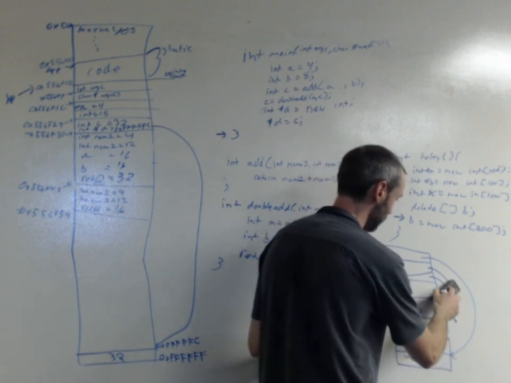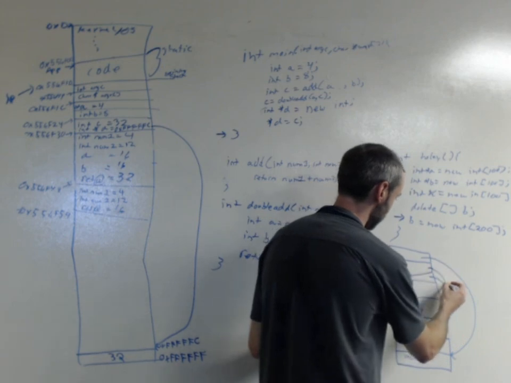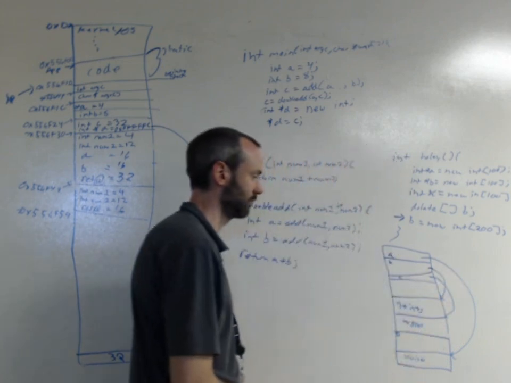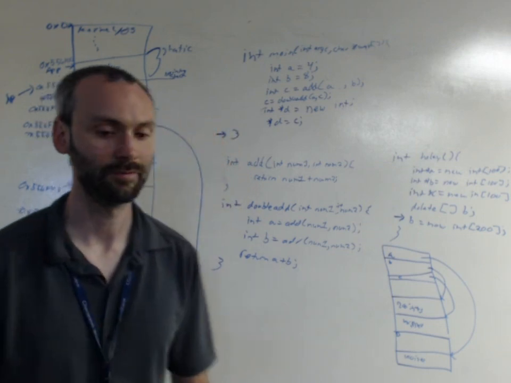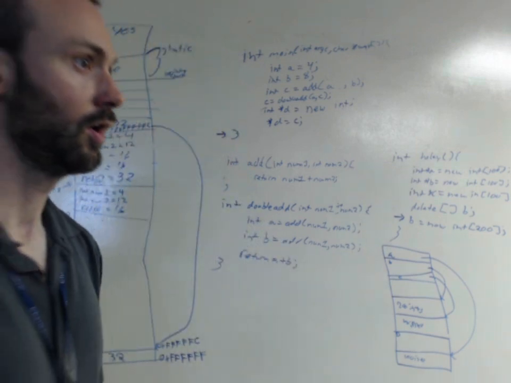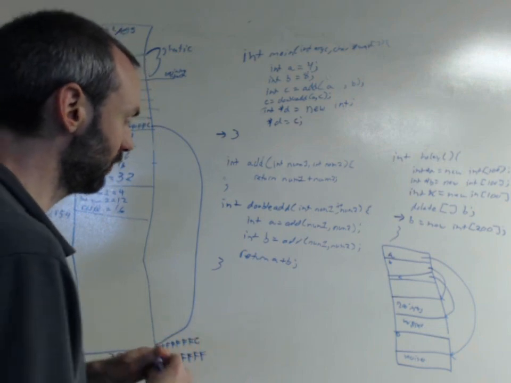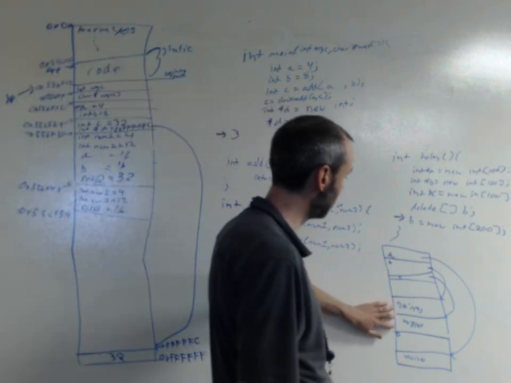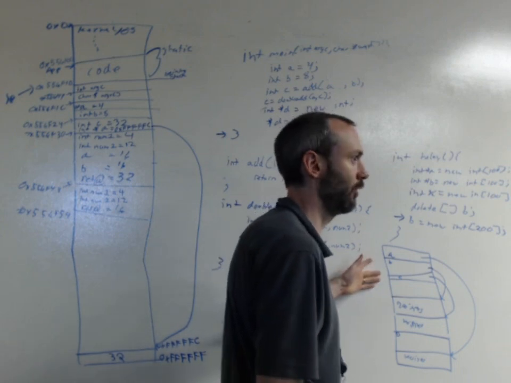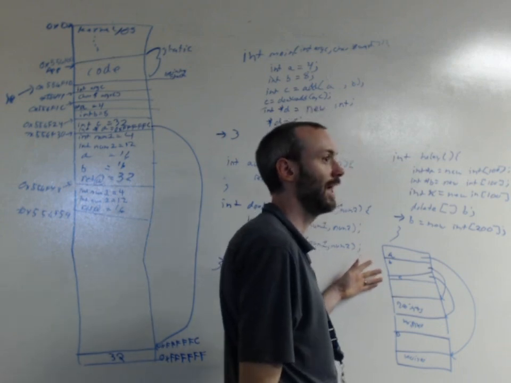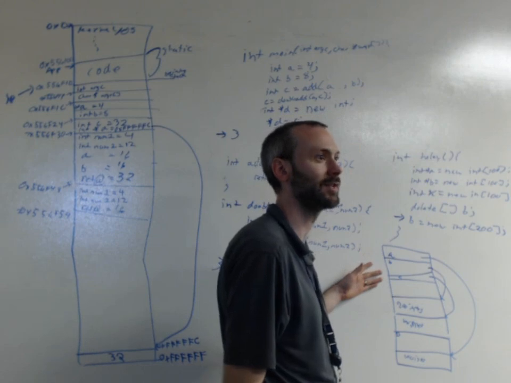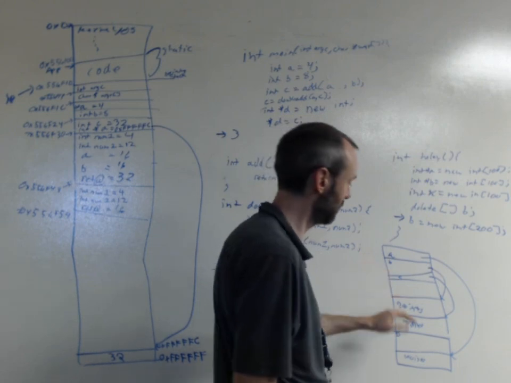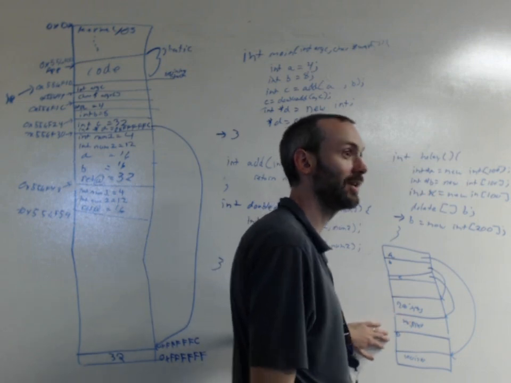Is that a problem? So one solution is to copy all this down and then update all your pointers. That takes a very long time to do because you have to copy memory.